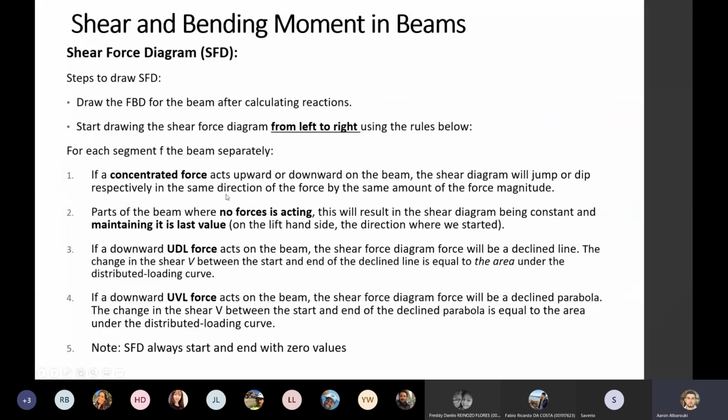But the rule says, if a concentrated force acts upward or downward on the beam, the shear force diagram will jump or dip, respectively, in the same direction as the force, by the same amount as the force magnitude. So it depends on the magnitude of the force, that will move my shear force diagram up or down. Very simple.